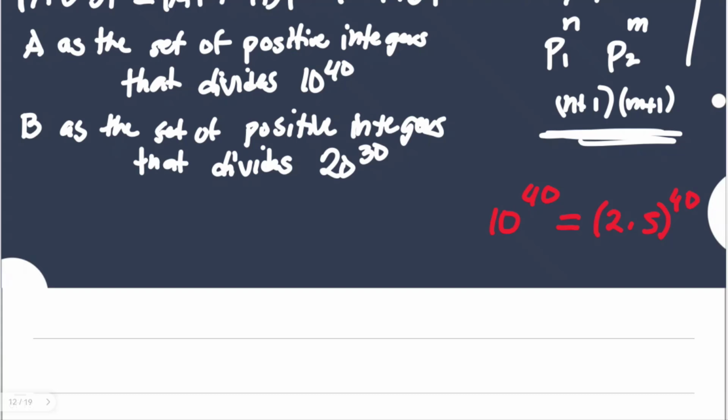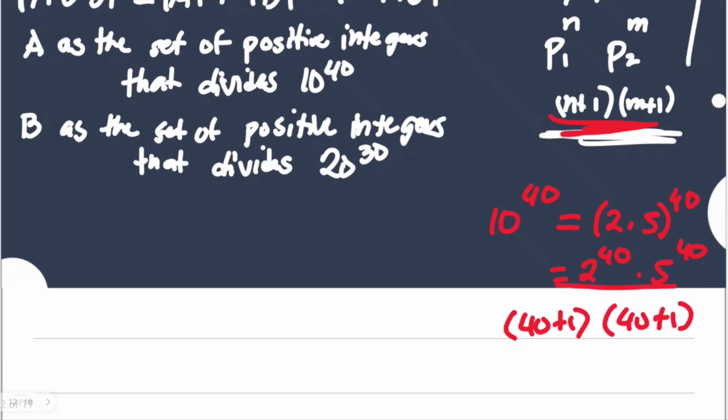And by using the power law, that means it's 2 to the power of 40 times 5 to the power of 40. With that in mind, you will have your number of divisors as 40 plus 1 times 40 plus 1, because these are now prime factors. So we multiply 41 by 41.